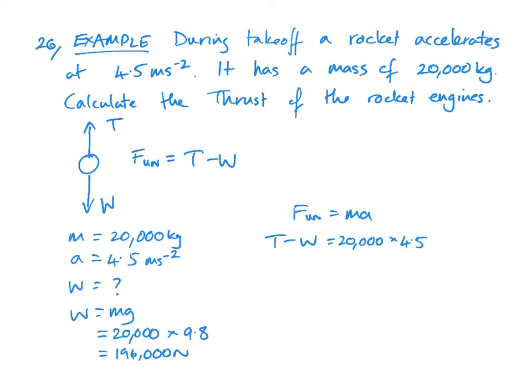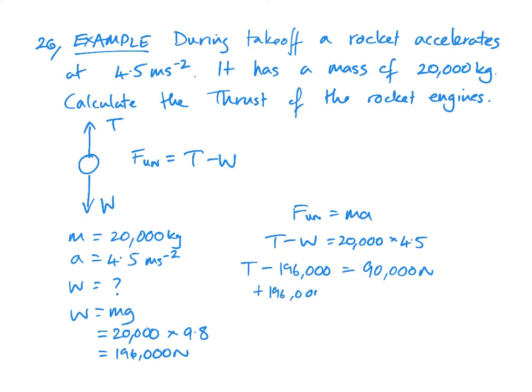So now I can substitute that into my equation. I can do the 20,000 times 4.5. And now I've just got simple rearranging to get the answer for T. So I'm going to add 196,000.